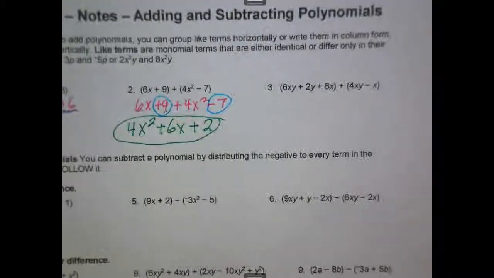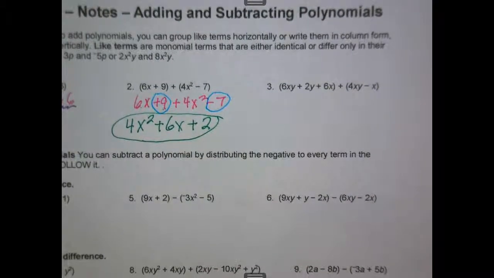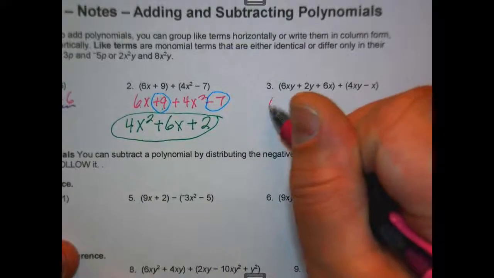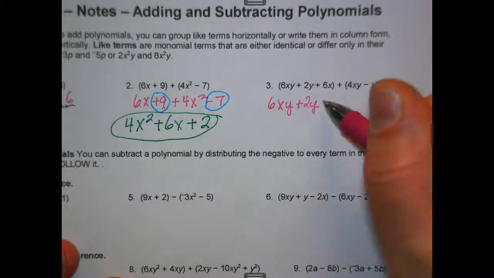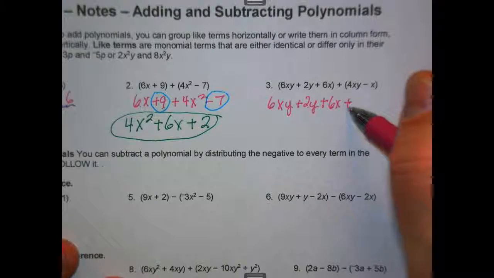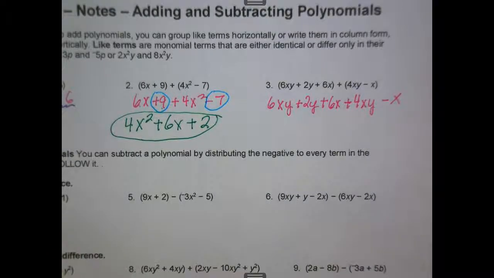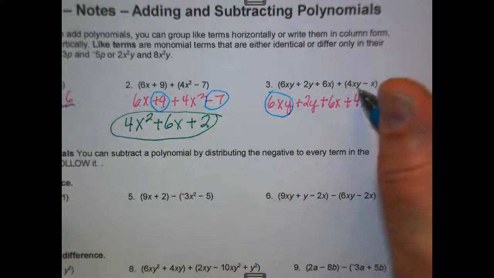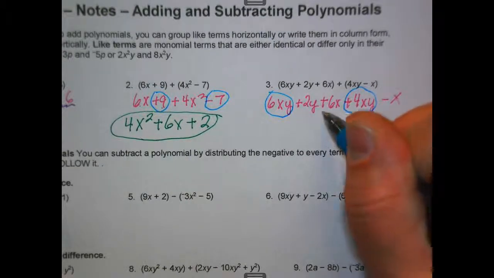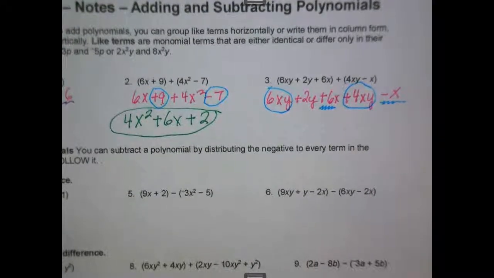And number 3, again, I have a plus sign between the parentheses, so I'm just going to drop the parentheses. So I have 6xy, Julian, and plus 6y, so plus 4xy minus x. And what are my like terms? Okay, put it in standard form.